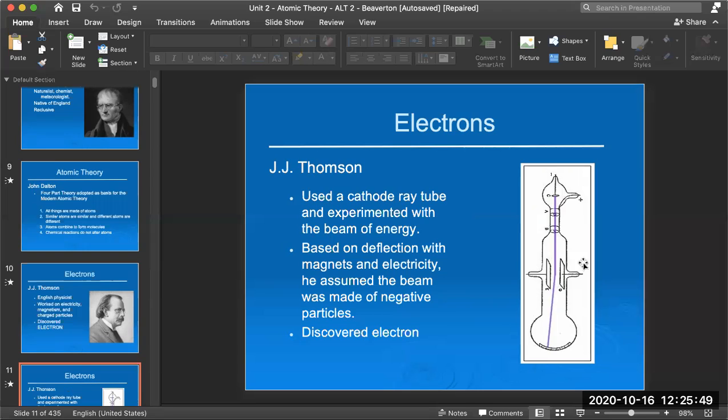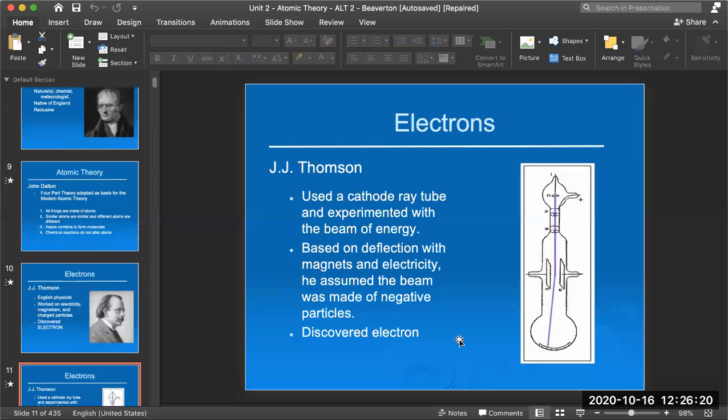And there were charged plates inside this tube that directed this beam of electricity, and that's how pictures were formed. So in the early days of black and white television, this is how basically it was done. It's called a cathode ray tube. So he was doing experiments with this, and he noted that when he charged up the two plates in the middle, he could direct this beam of electricity one side or the other.